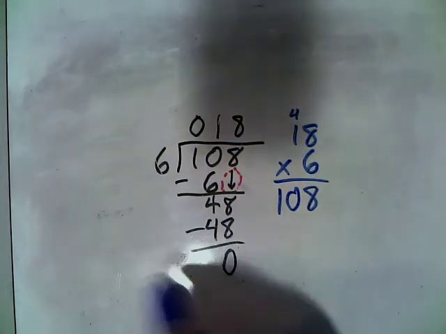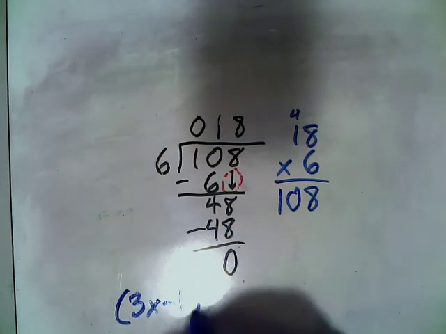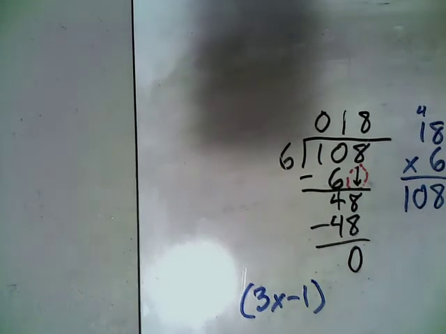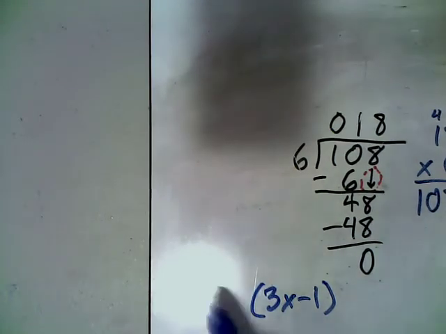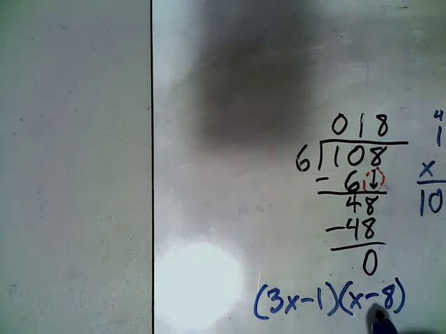Likewise, I can also take my quotient, my answer, and multiply it by the divisor. And so if this foils back to the original, then I know I've gotten it correct. And I'll let you do that on your own there.